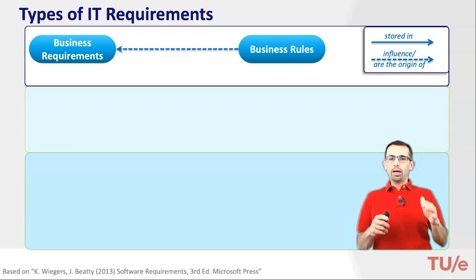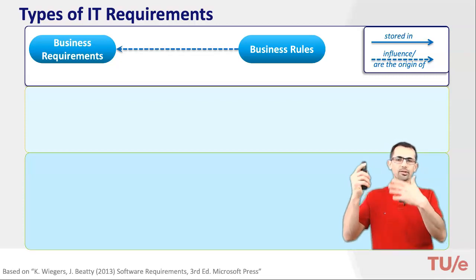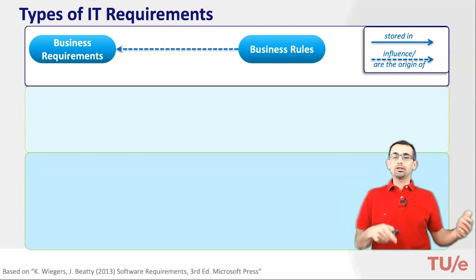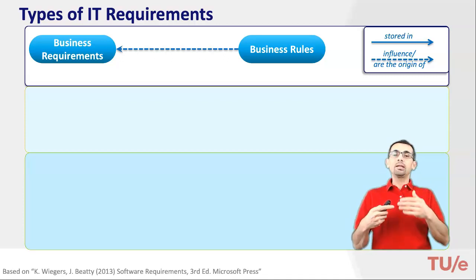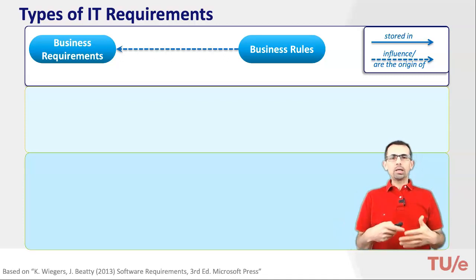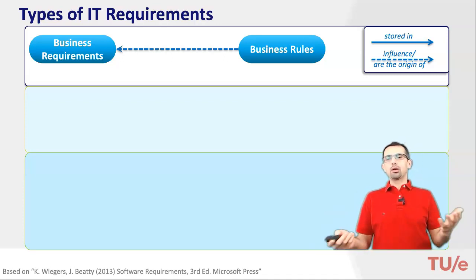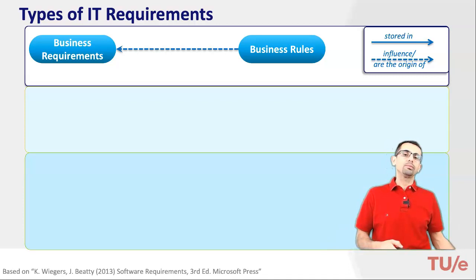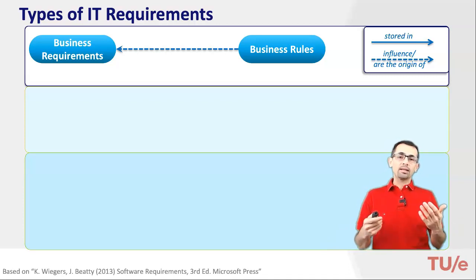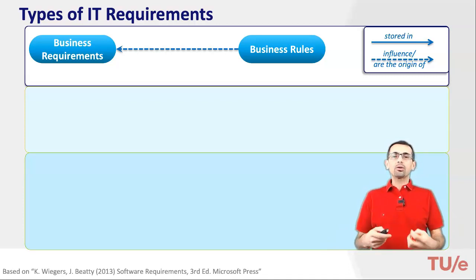Business rules, and by the way, you will have definitions of these things in the handout in additional slides, so I'm not going to show them here, but you will see them in the handouts. A business rule can be any kind of policy, regulation, law, procedure or standard that the organization would like to adhere to, that defines or constrains some aspects of business.